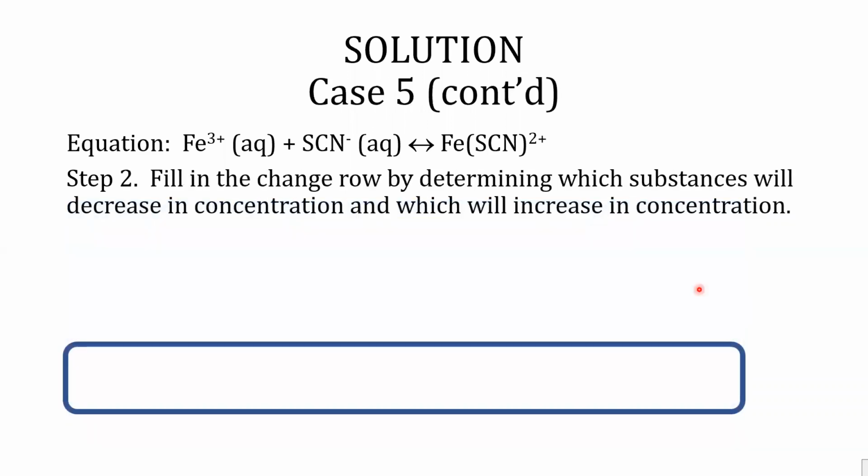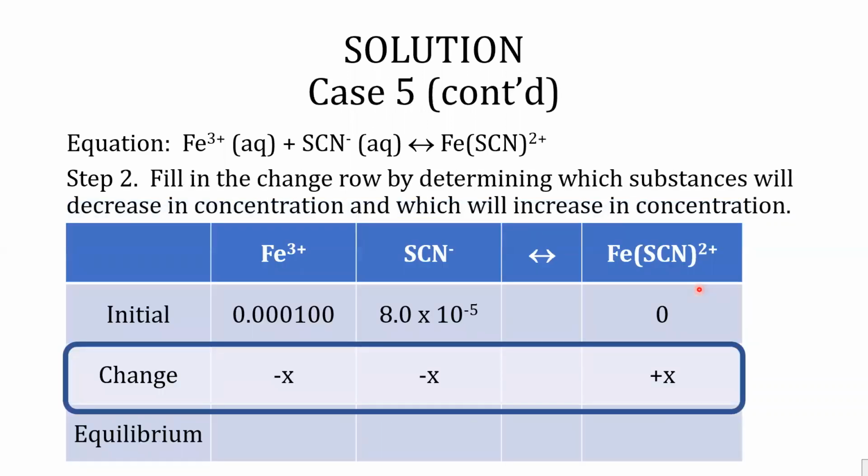Step 2 is to fill in the change row by determining which substance will decrease in concentration and which will increase in concentration. The change in concentration for both Fe3+ and SCN- are -x, and for FeSCN2+ it is +x.